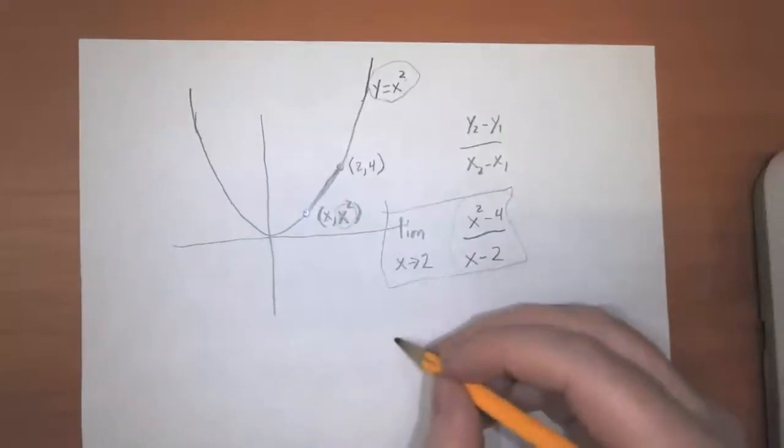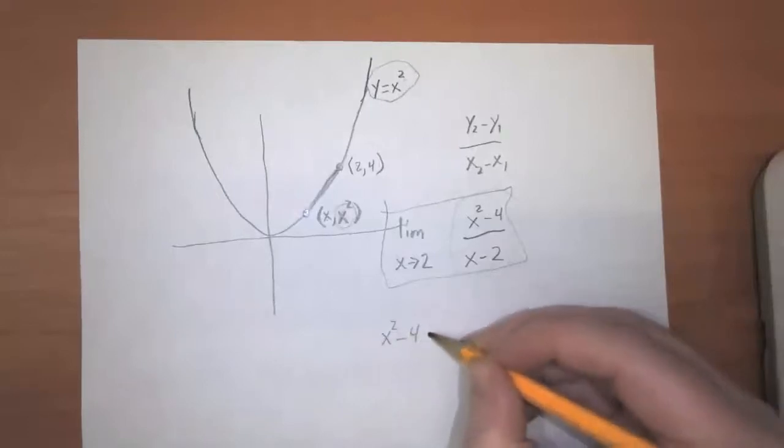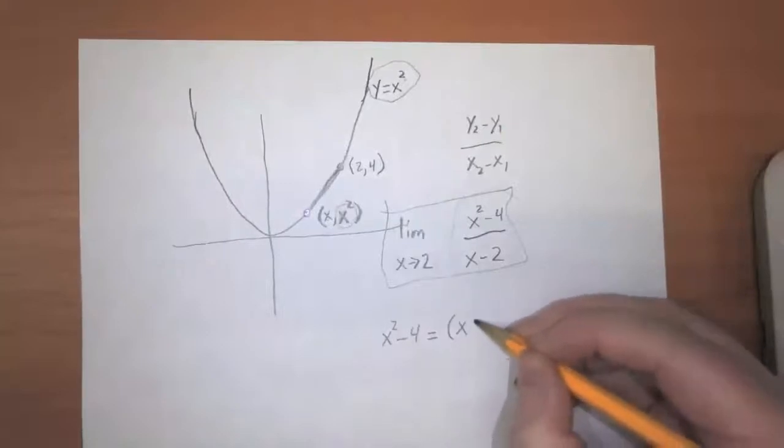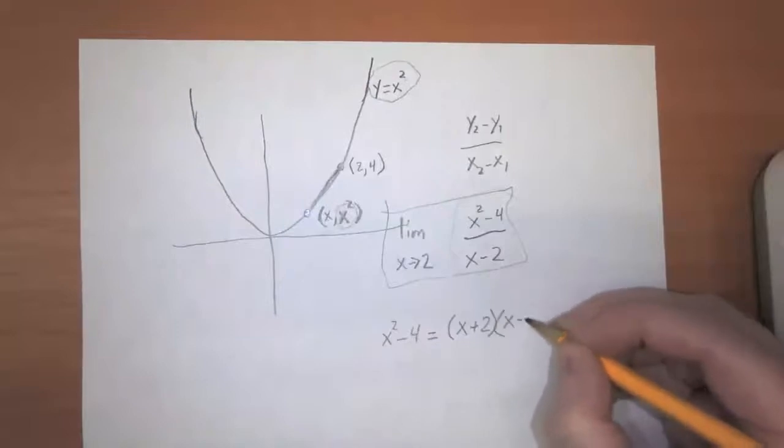So x squared minus 4, we can factor that expression. It's the difference of 2 squares. So we can factor that as x plus 2 and x minus 2.